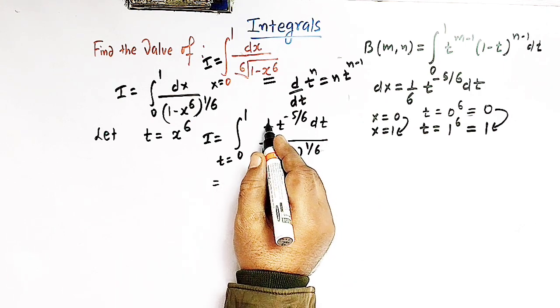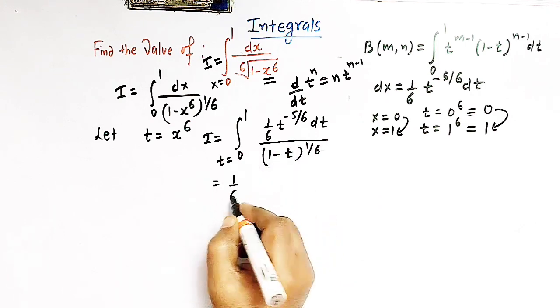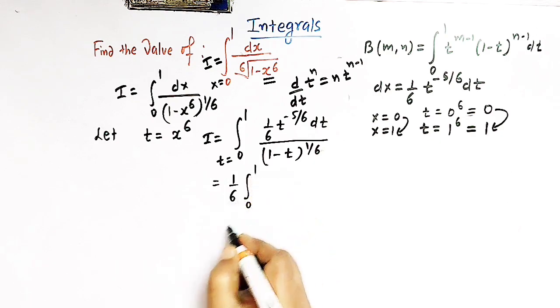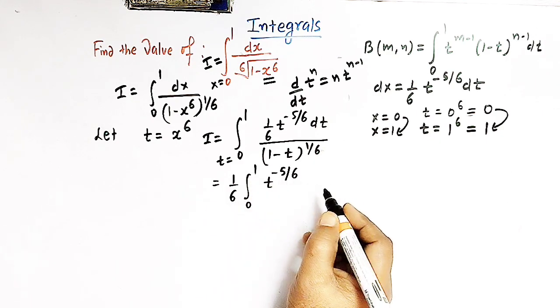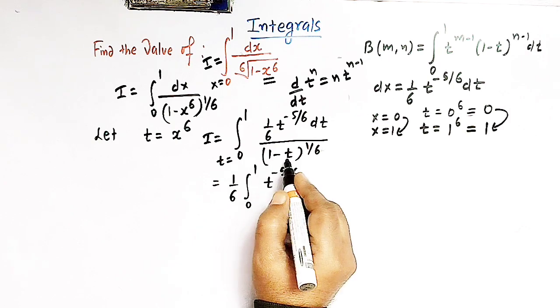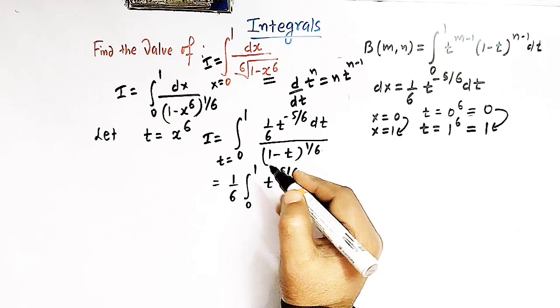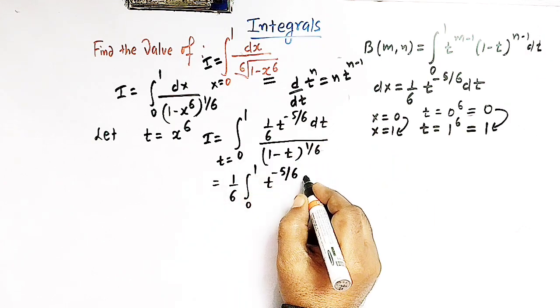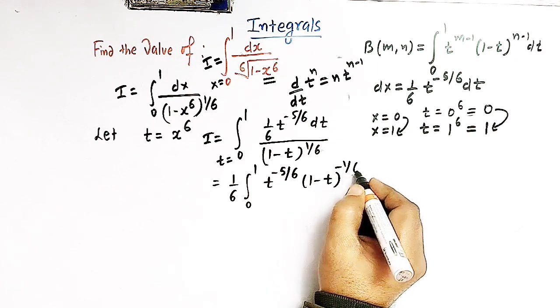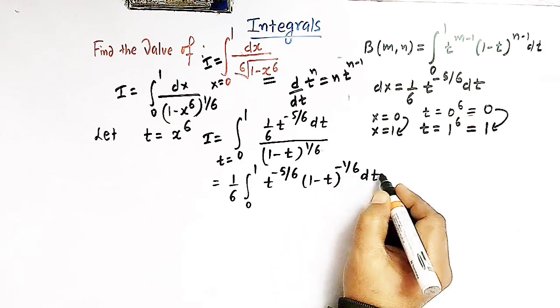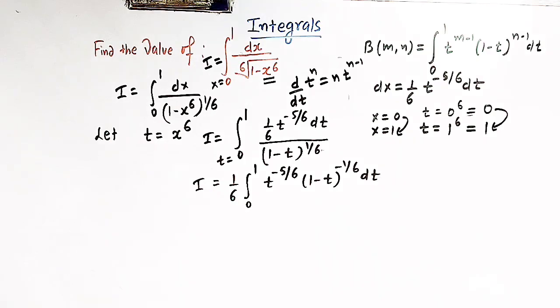Now taking 1 over 6 outside the integral, we have 0 to 1, and then t raised to minus 5 over 6, and taking 1 minus t raised to 1 over 6 to the numerator, we can now write 1 minus t raised to minus 1 over 6, and here we have dt.